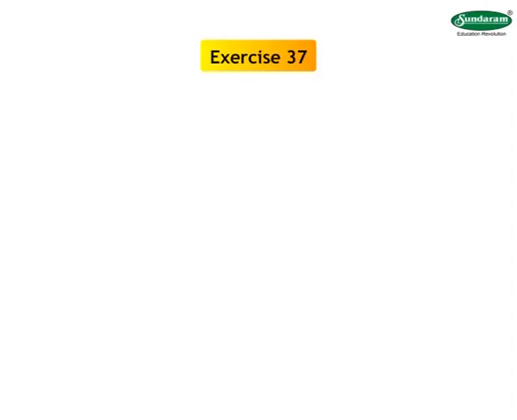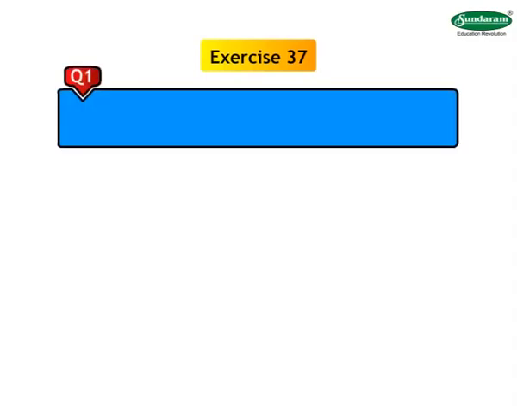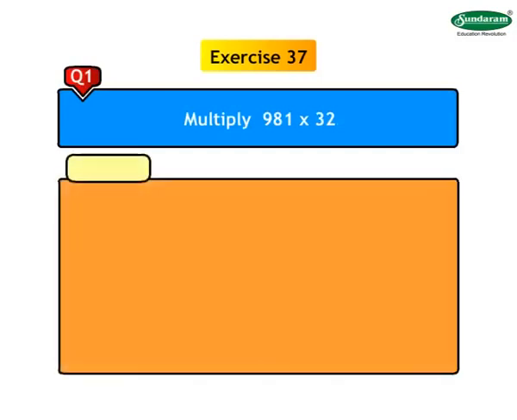Now, let us solve an example from Exercise 37 which deals with multiplication of a 3-digit number by a 2-digit number. 1. Multiply 981 by 32. Solution. Arrange the multiplicand 981 and the multiplier 32. Starting from the units place, multiply 981 by the units place digit 2 of the multiplier 32.